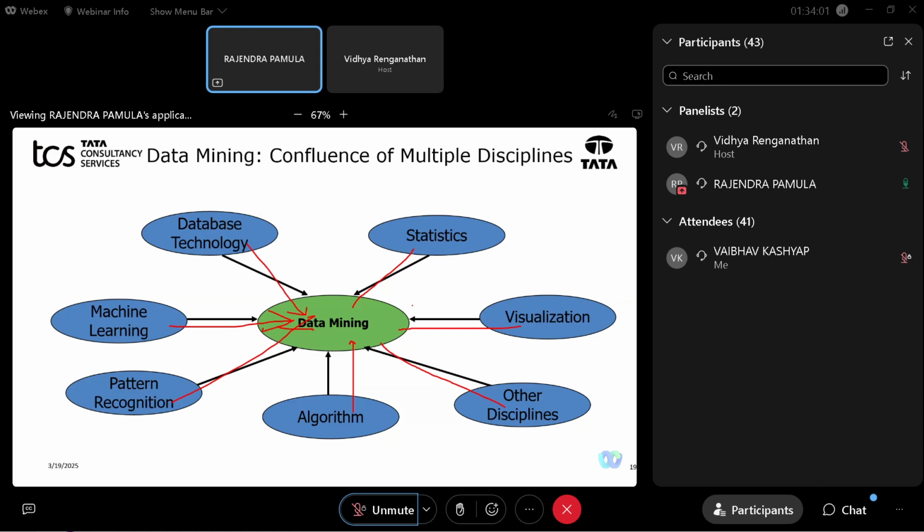That means it's a simple confluence of all these disciplines. With the help of these disciplines, we actually try to analyze all the data.